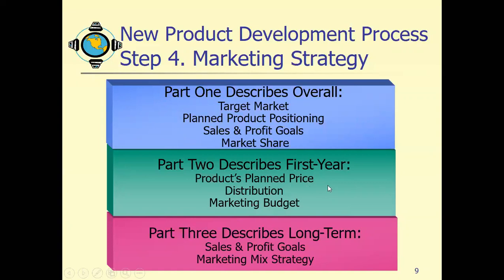Products planned price and distribution. Another one is distribution. Whether your distribution will be intensive, whether it will be selective, whether it will be exclusive, it will just depend on your strategy. In the first year usually distribution is not so available.